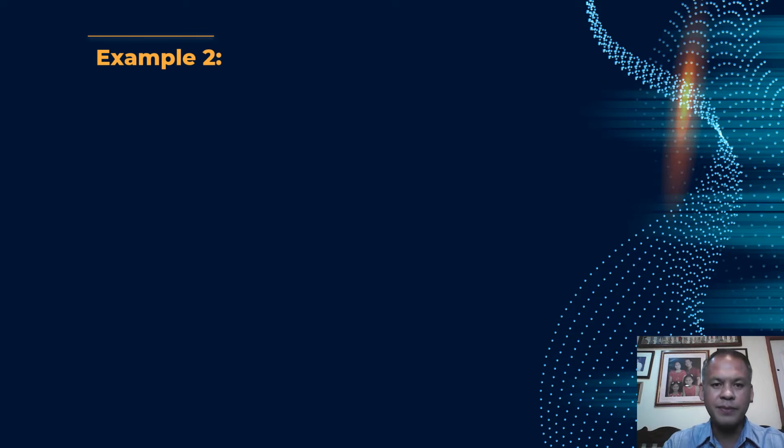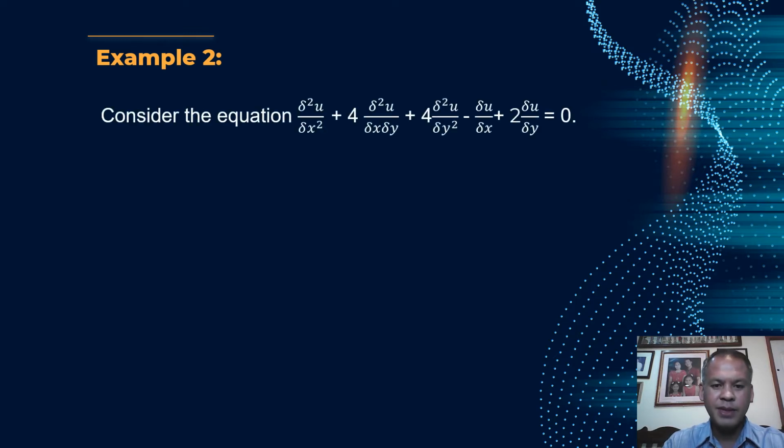Example number 2. Consider the equation del squared u over del x squared plus 4 del squared u over del x del y plus 4 del squared u over del y squared minus del u over del x plus 2 del u over del y equals 0.